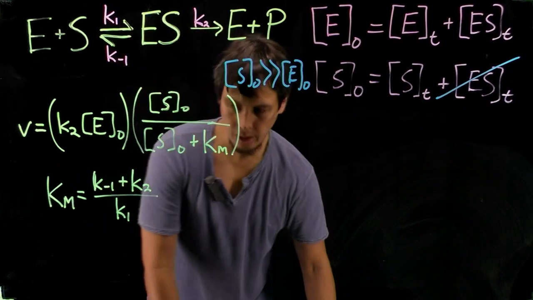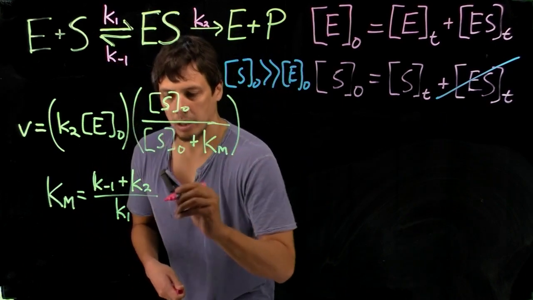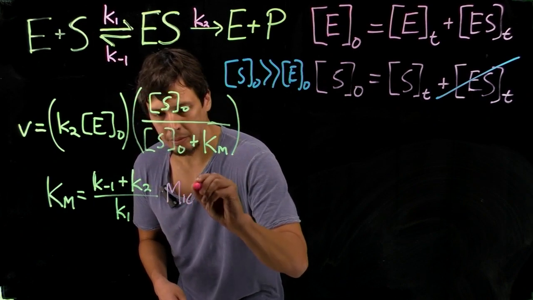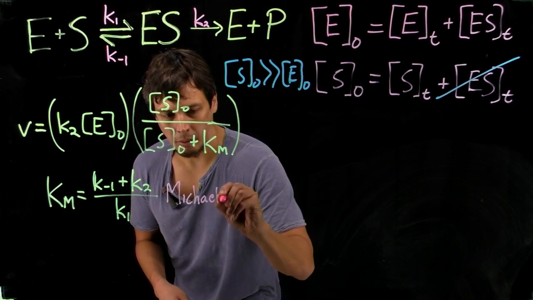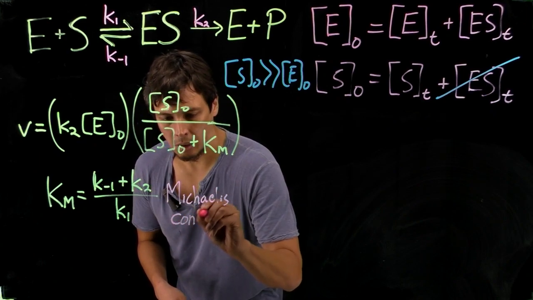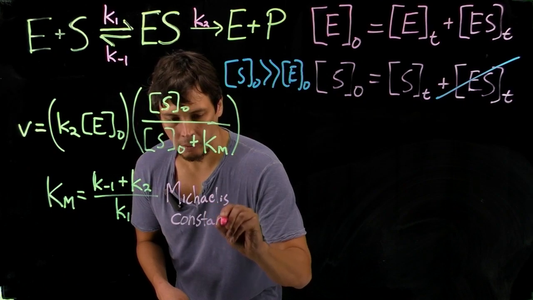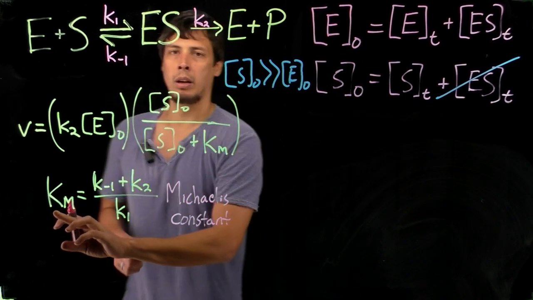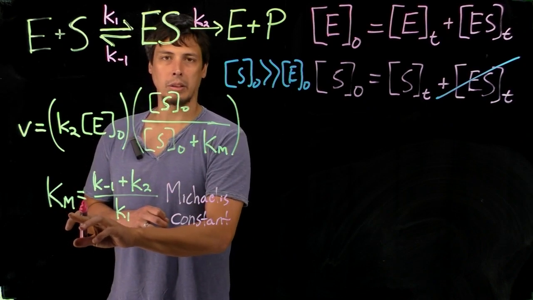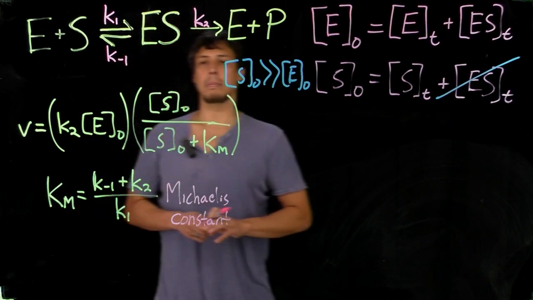So this on the bottom is known as the Michaelis constant, and that's denoted by a large K with a subscript uppercase M.